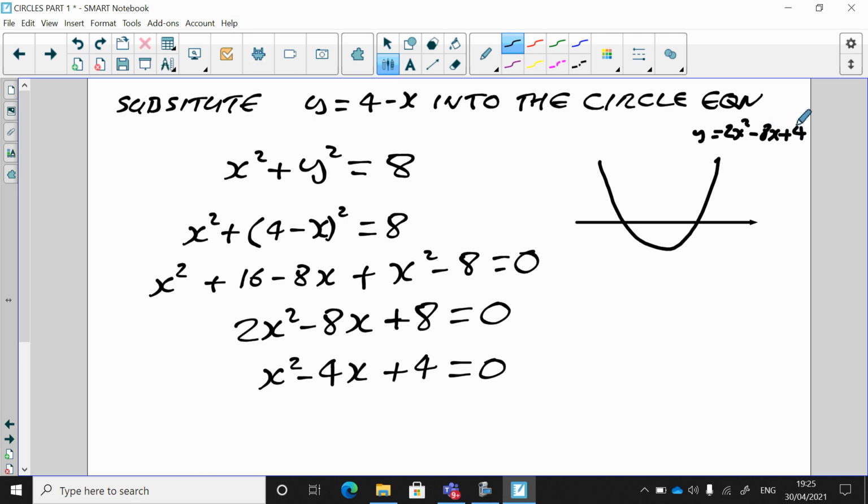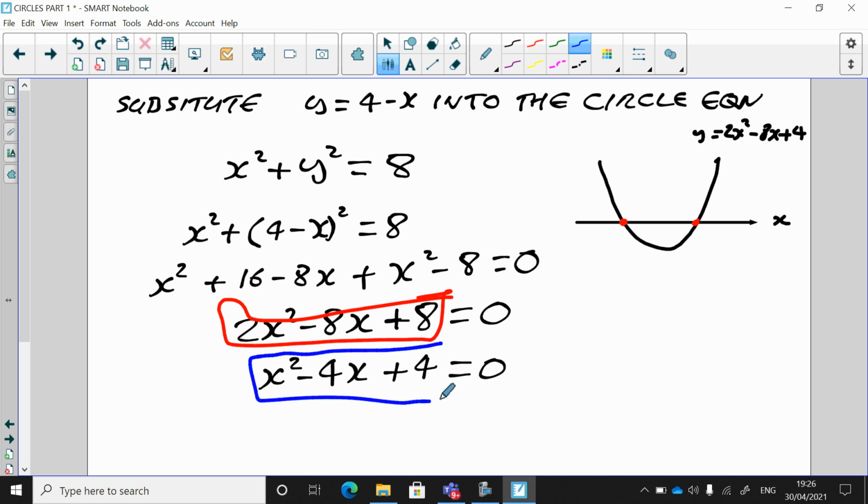So that's the parabola y equals 2x squared take away 8x plus 8, and it's actually got two roots, so they're crossing the x-axis. That is different from the one divided by 2.